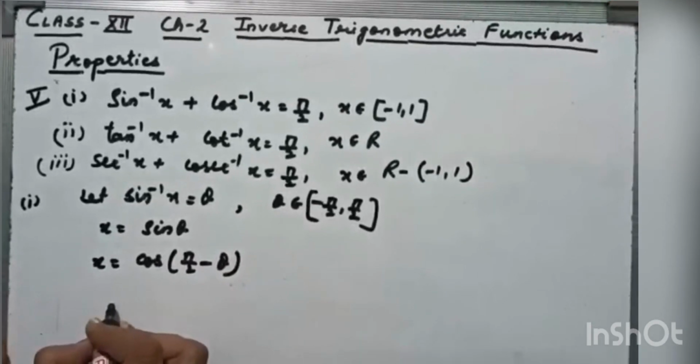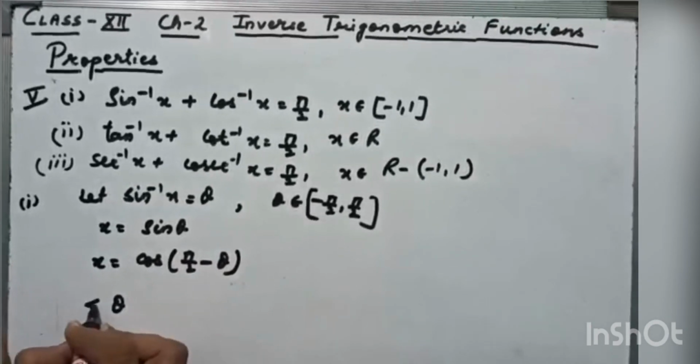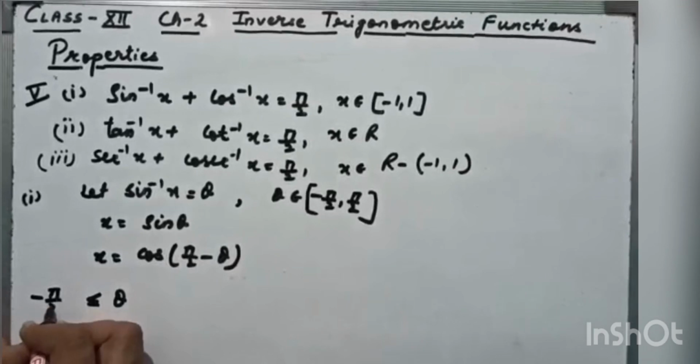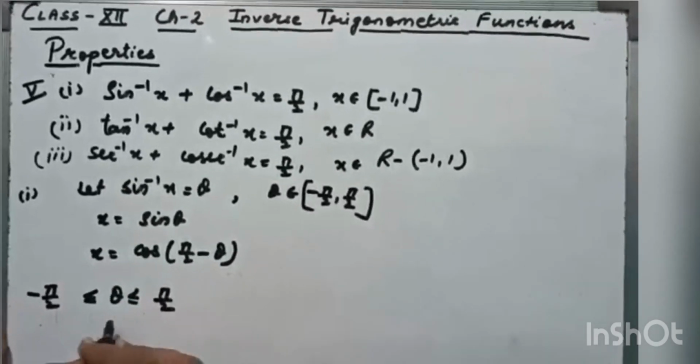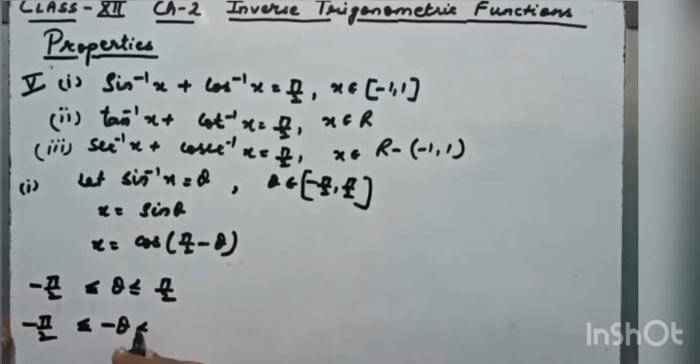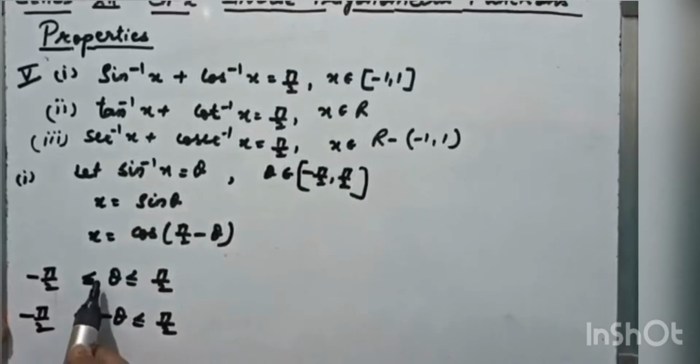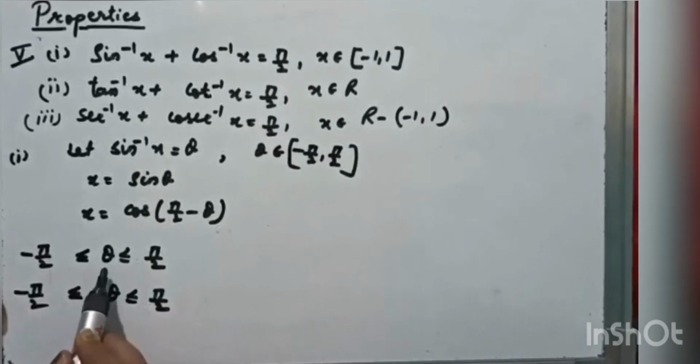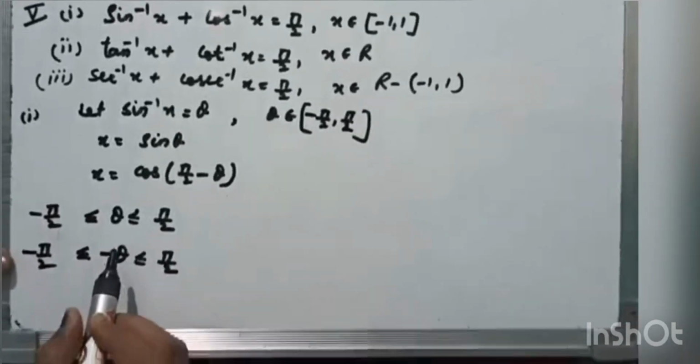Now, as theta is greater than or equal to minus 90 and less than or equal to 90, the same holds for minus theta, because if we take the negative sign, the signs will change and ultimately we have the same step.